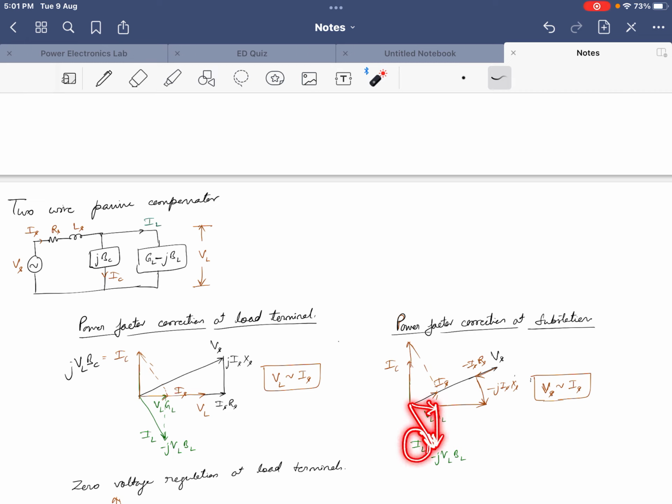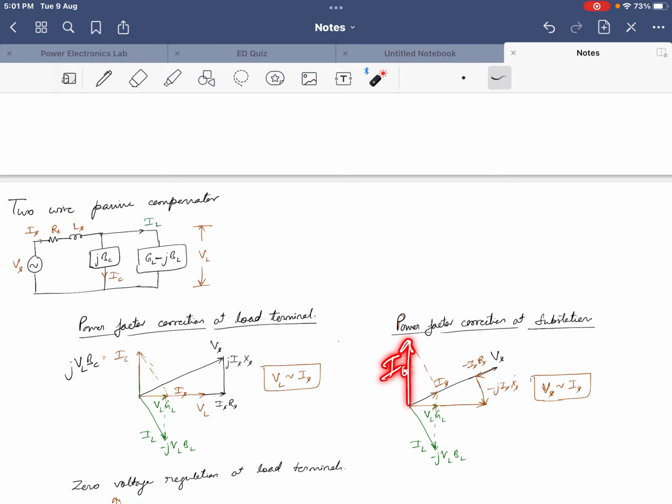Again, because VL is the reference, VL is also multiplied with jBC, which is the compensator that we add. This j is like the positive y-axis, so we get IC in the upward direction.